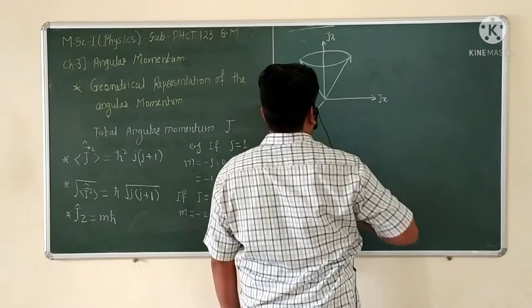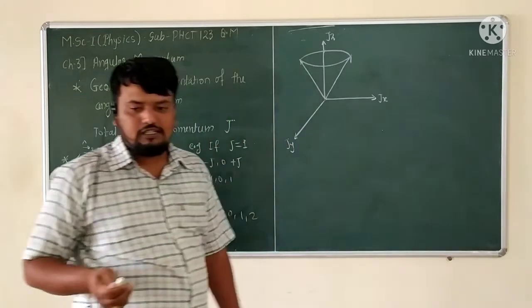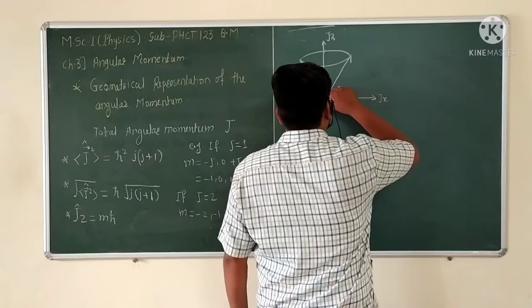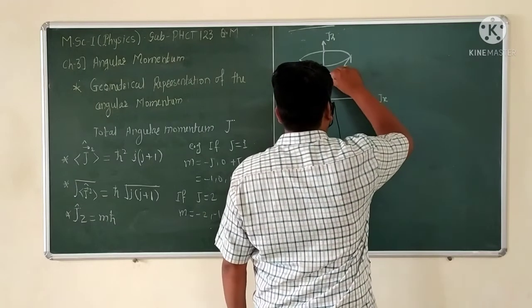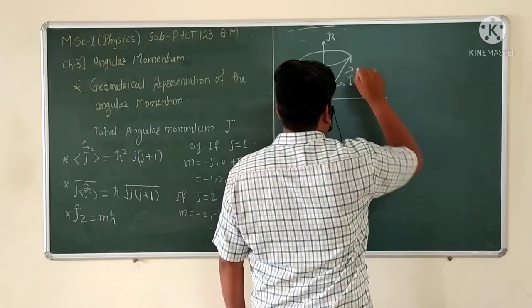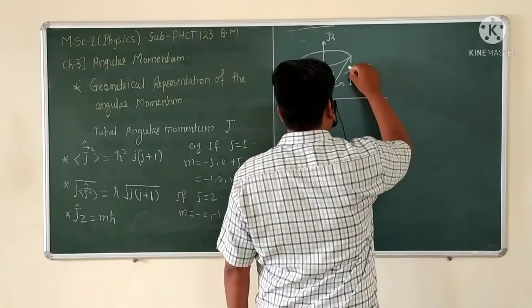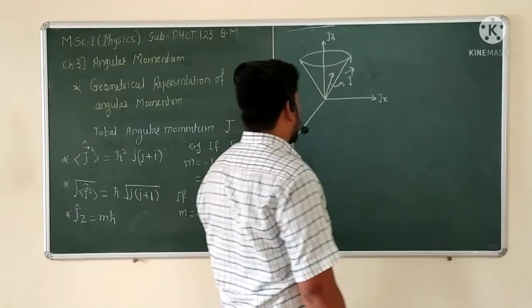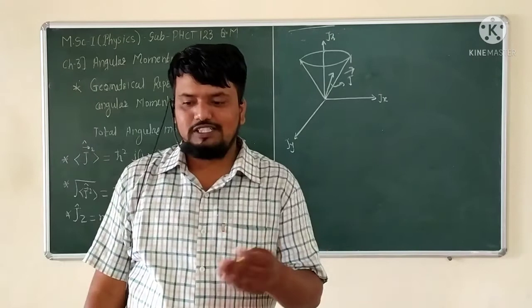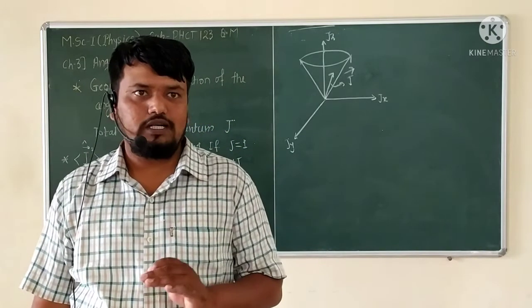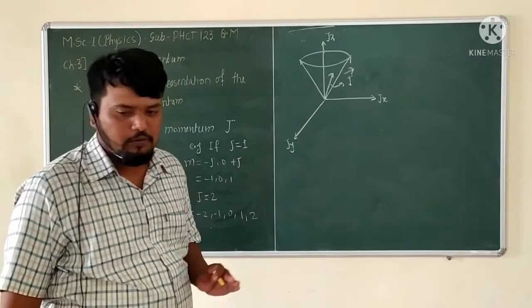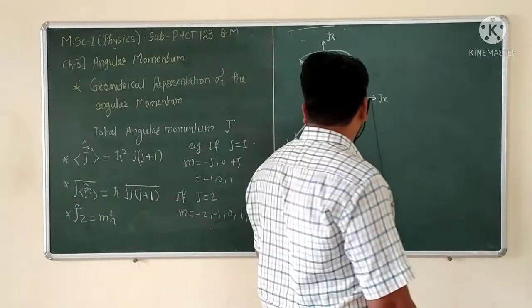And we have to know the resultant of the total angular momentum, which is given by this rotating vector, J bar. How is it calculated?